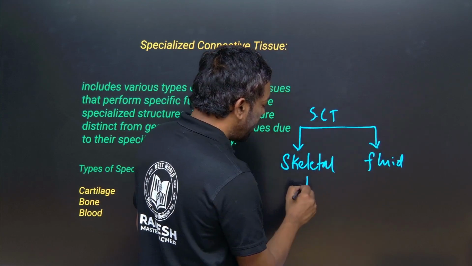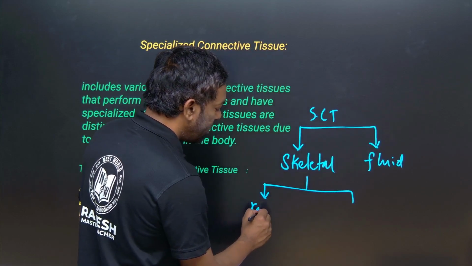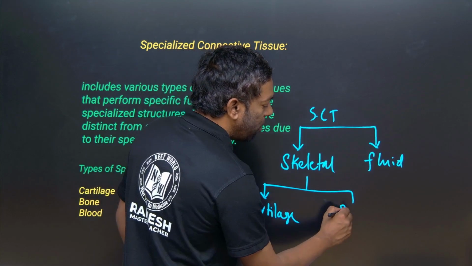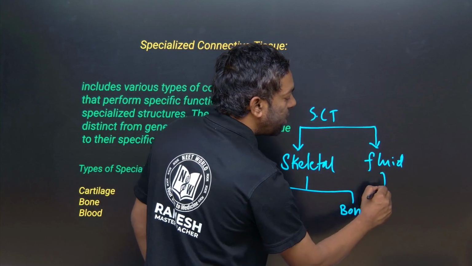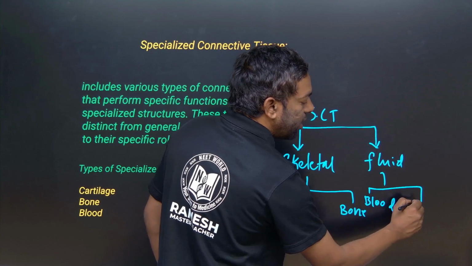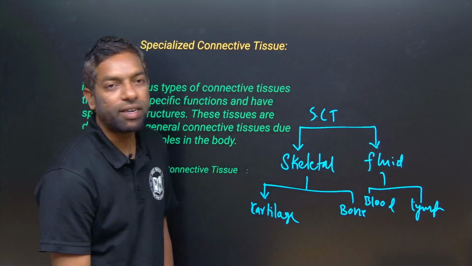Coming to the skeletal, again two types, cartilage and bone. Coming to the fluid, it is blood and lymph. This is the specialized connective tissue.